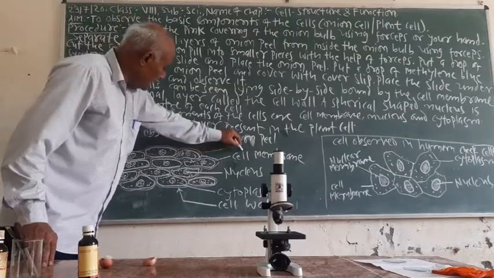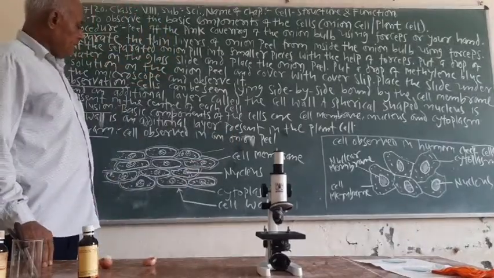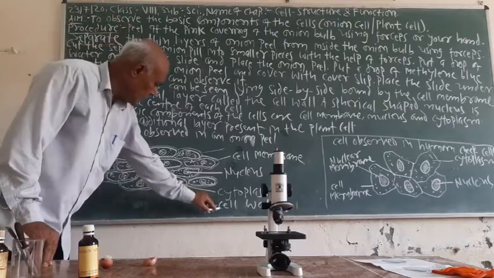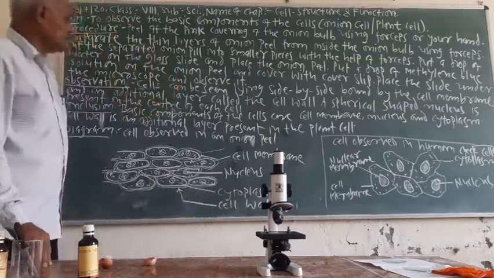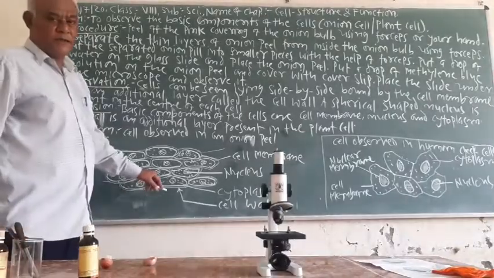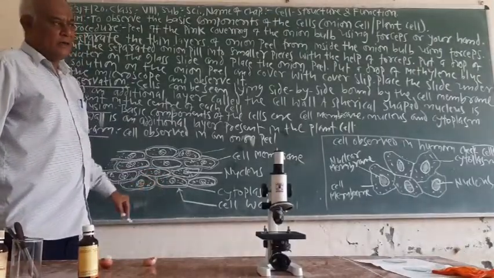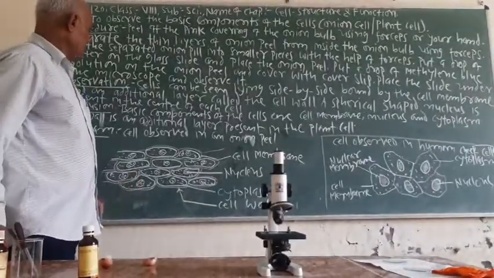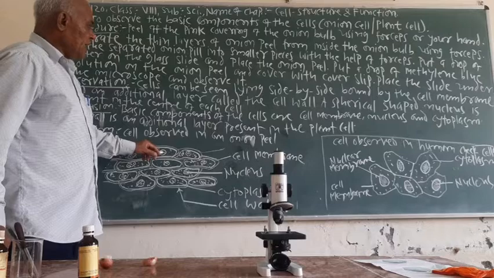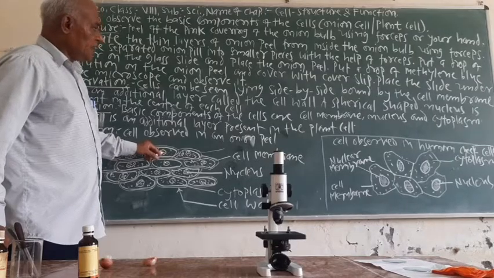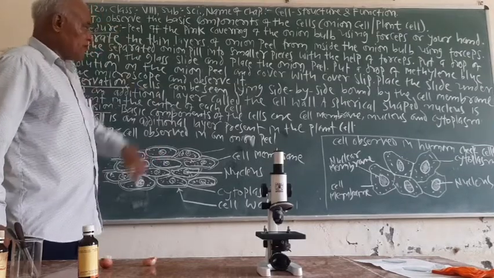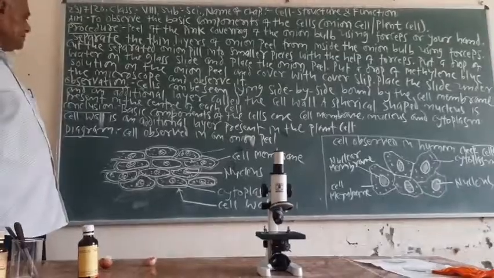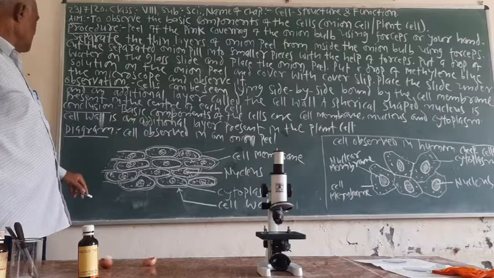And this is the cell membrane. Cell membrane is surrounded by the outer covering called the cell wall. This is the cell wall. Cell wall is present only in the plant cell, and it gives it rigidity and definite shape. And at the center of the cell, you see a spherical round shaped nucleus present in each cell.